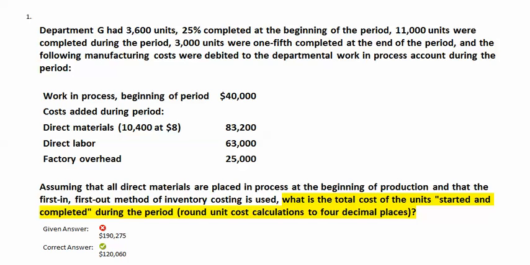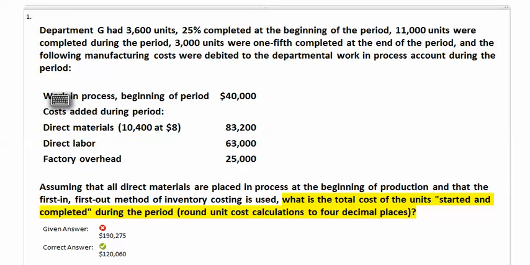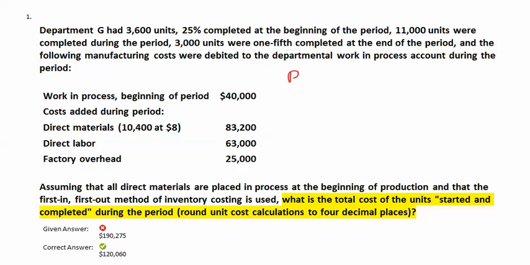And it says the department had 3,600 units, 25% complete at the beginning of the period. I'm going to write it on here, and we'll just write a little bit small. So my beginning inventory is 3,600 units at 25% complete.